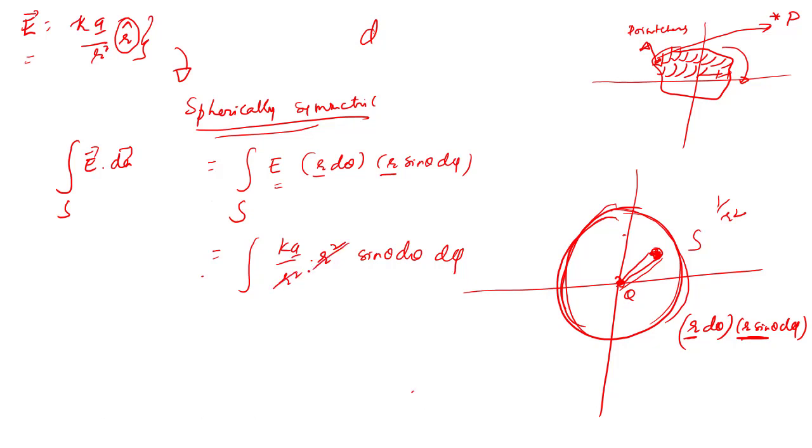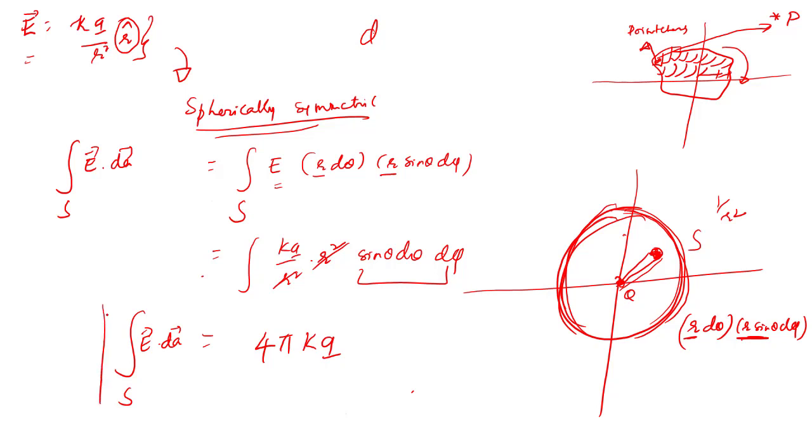This r squared cancels out, and sine theta d theta d phi, when you integrate it over the surface of the sphere, gives you 4 pi, the total solid angle. And so we get 4 pi kq. So the total surface integral of E dot dA is 4 pi kq.